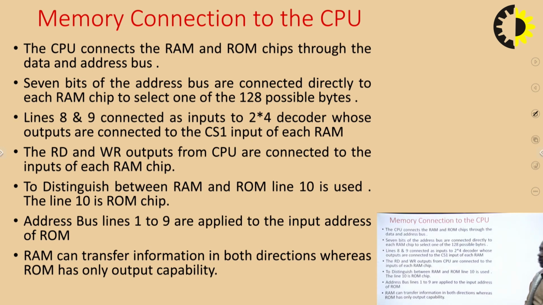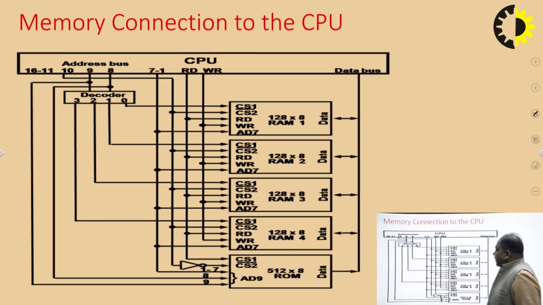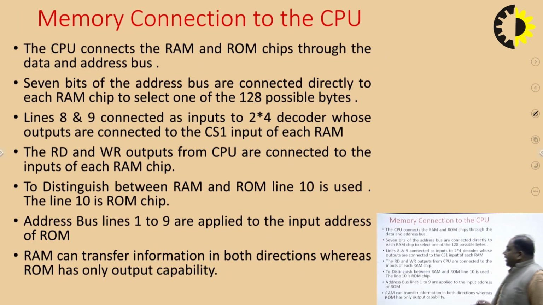The 7 bits of the address bus are connected directly to each RAM chip, and address lines 8 and 9 are connected to the inputs of the 2x4 decoder, whose outputs are connected to chip select 1, and the read and write outputs from the CPU are connected to the inputs of each RAM chip.